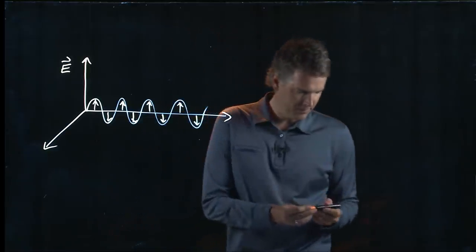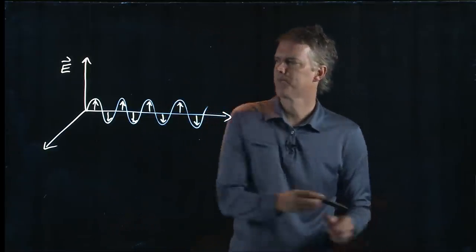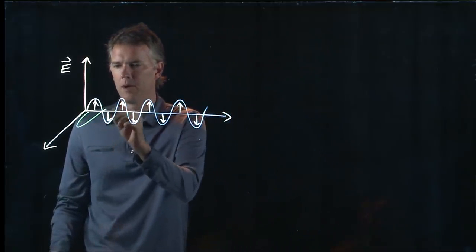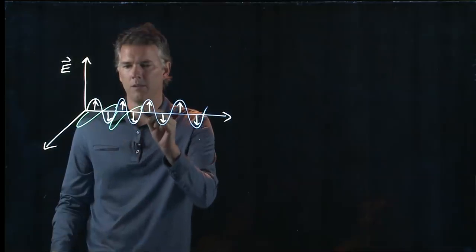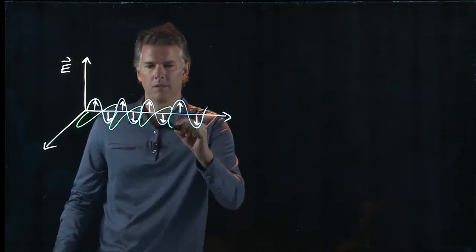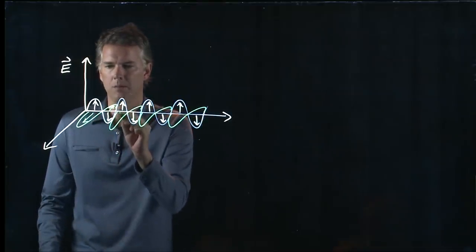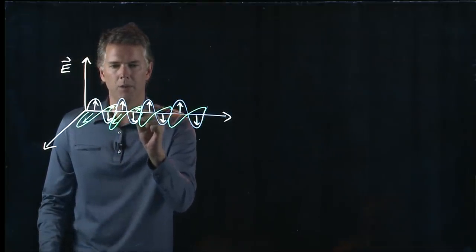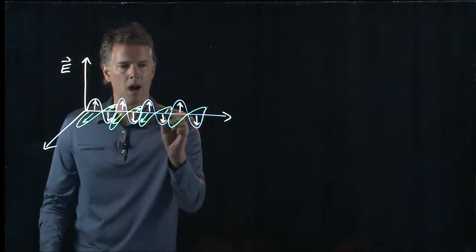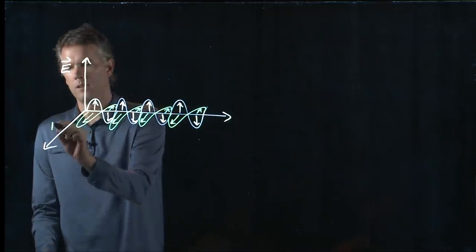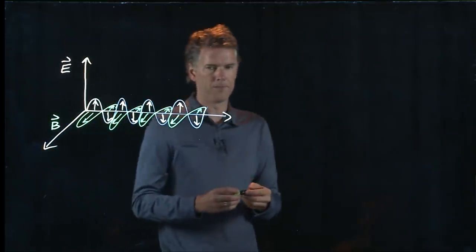So if we draw the B field, let's try it in green, the B field, in fact, comes into and out of the page. Okay, so it's pointing out of the page and into the page over and over again. Both of these things are, of course, oscillating sinusoidally. And so this would be the direction of B.